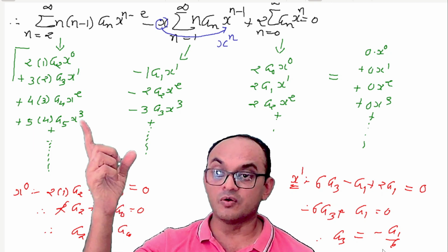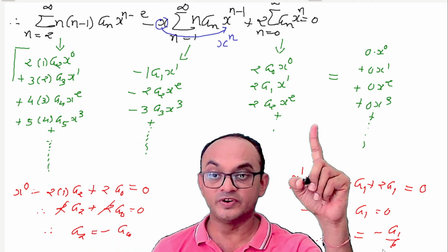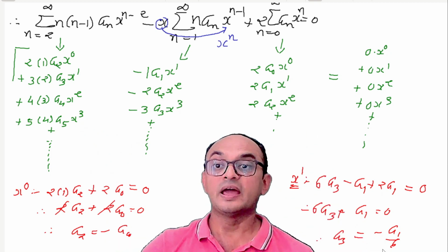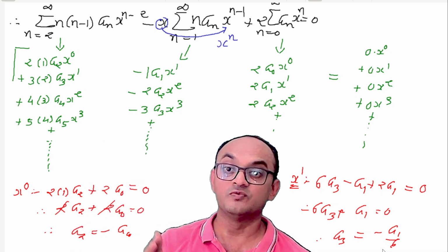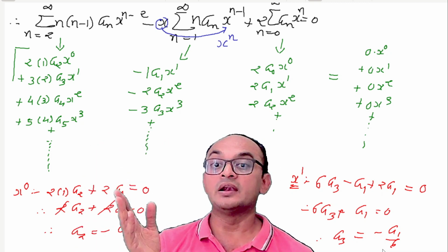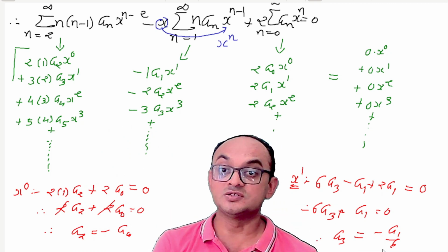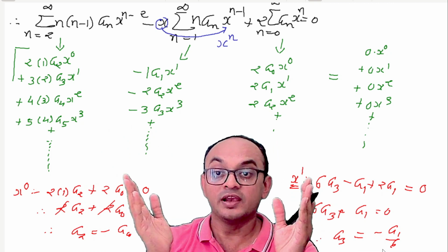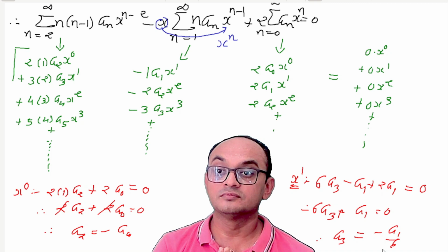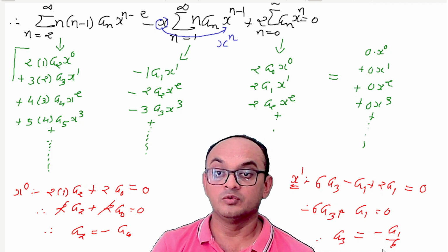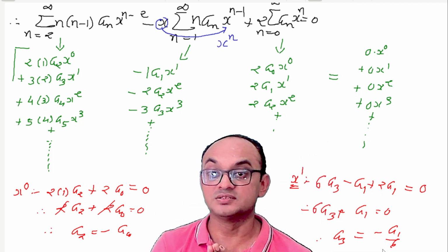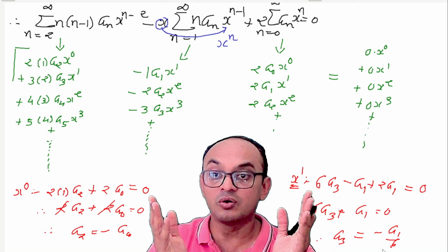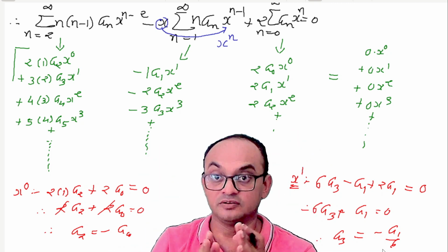So by comparing the coefficient of x raised to 0, the coefficient of x raised to 1, likewise we compare the coefficient of x square, x cube, x raised to 4, and x raised to 5, x raised to 6, x raised to 7, x raised to 8. You have to compare infinitely many coefficients, because this is a series. So how many coefficients do you have to mention?